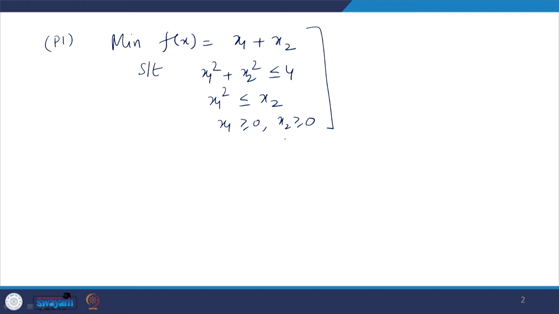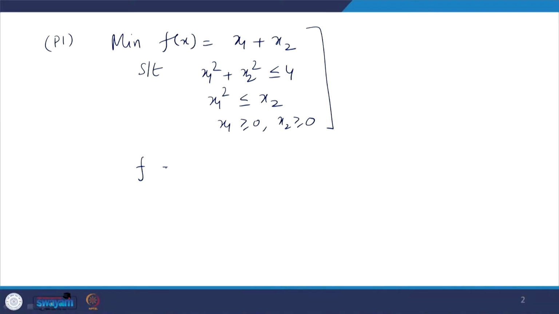Now, in order to see whether this problem is a convex programming problem or not, we first have to check the objective function, and then we have to check whether all the constraints are convex or not. Okay. So, first let us see the objective function. What is the objective function here? The objective function is x1 plus x2. What is the Hessian matrix of this function?